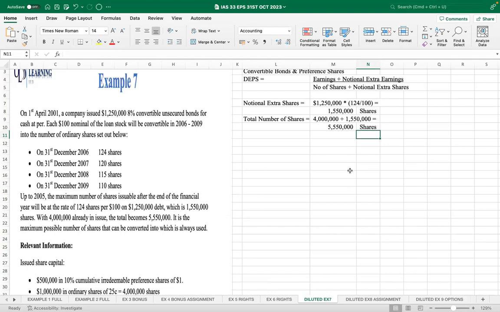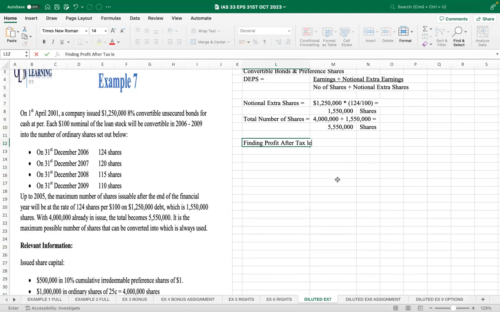So that is what I want us to look at next. How do we calculate the profit after tax less preference dividends, in brackets, profit attributable to ordinary shareholders?